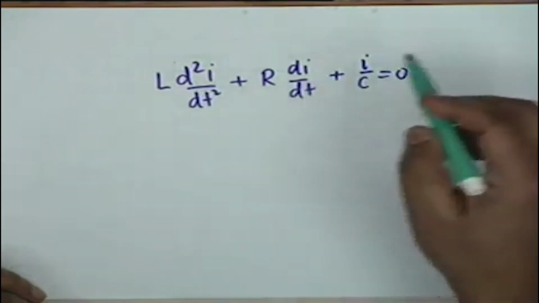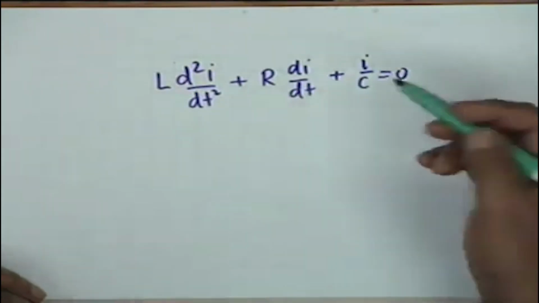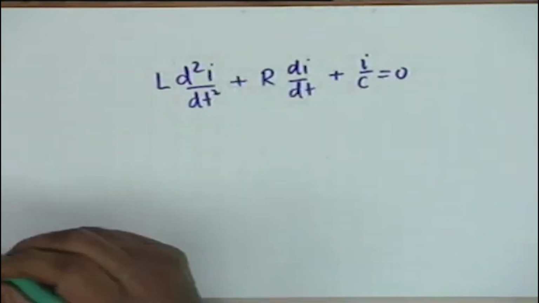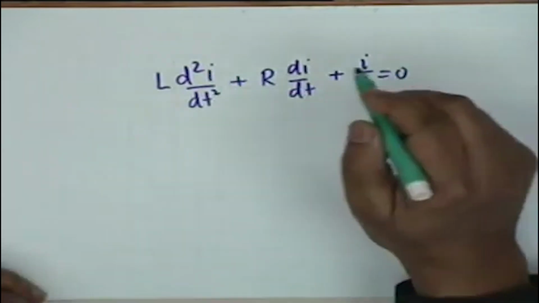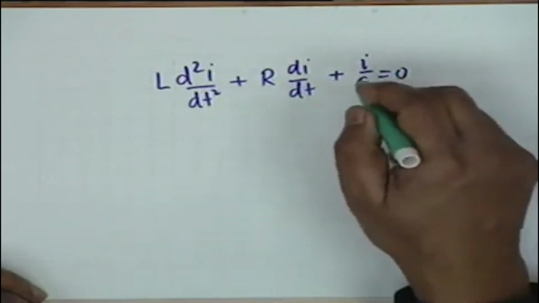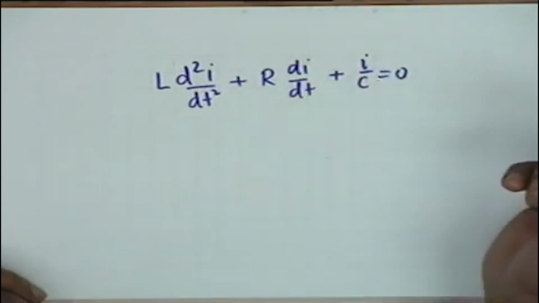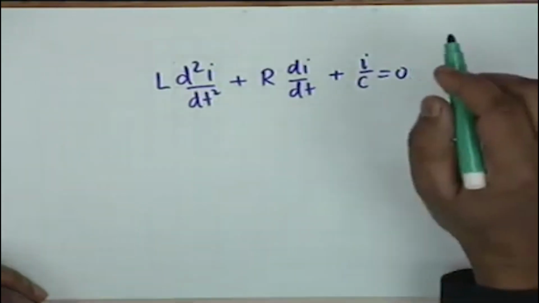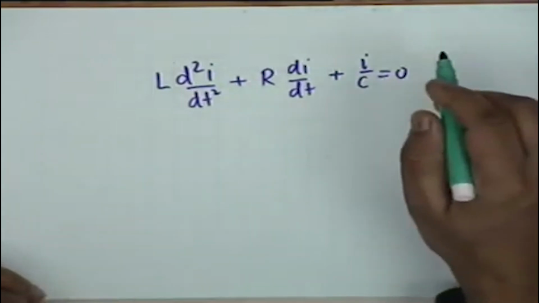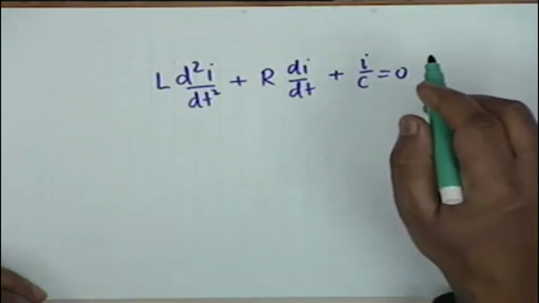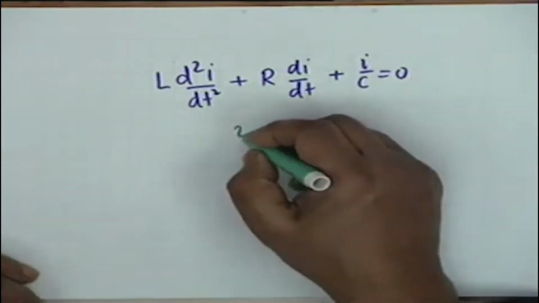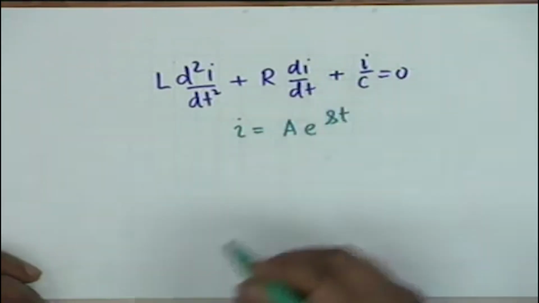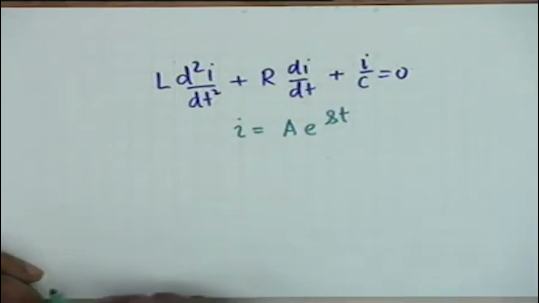We notice that I, di/dt and d2i/dt2 must be of the same functional form, otherwise their sum cannot be 0. If one is a sine, the other is a cosine, and the third is an exponential, obviously it cannot cancel. Therefore we argue once again that I must be of the form A e to the st.